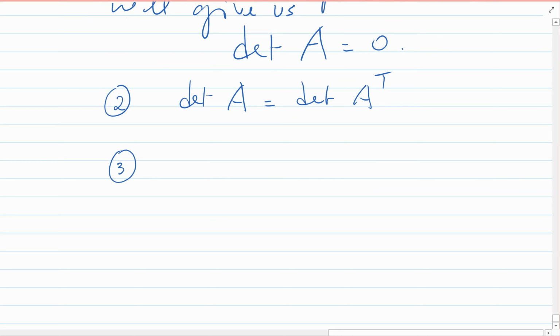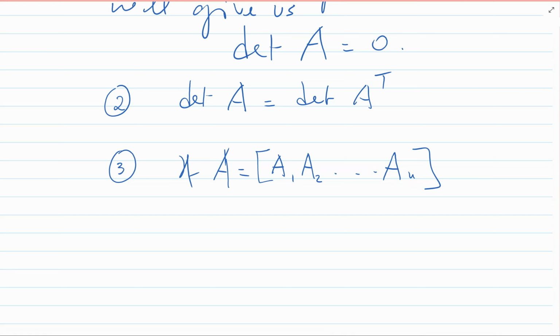Now, because of the cofactor expansion, what happens if A is equal to, and let us take the columns of the square matrix A. A1 is the first column, A2 the second column, etc. So if A is equal to this, then what is the determinant? And what we do is multiply one column by a constant.